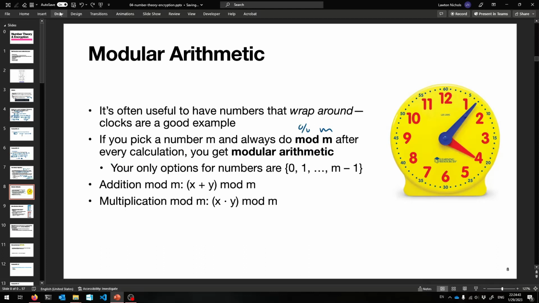Your answer is always mod m at the end, and that means the only numbers you end up with are any number you could get by taking the remainder, right? If you're doing mod m, the only results you could get back for the remainder are 0, 1, all the way to m minus 1, because if it went in m times, it would go in cleanly and it would be back to 0. It flips itself over.